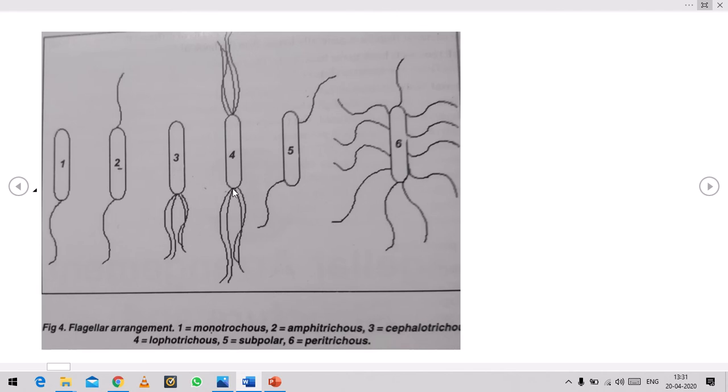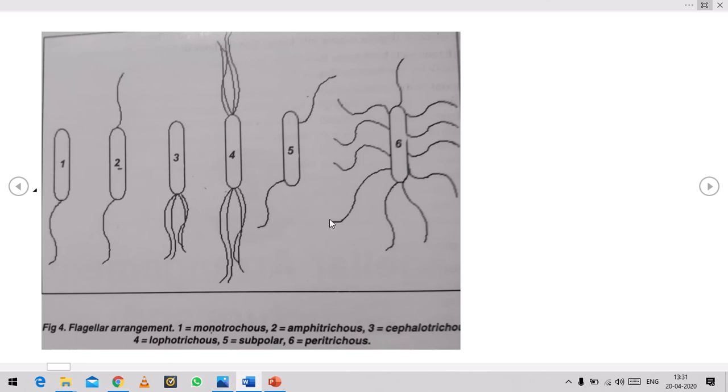Now we come to the fourth, lophotrichous, a bacterium with several tufts of flagella at both the polar ends. The example is Spirillum. The fifth type is bacteria with a lateral flagellum at one side or both sides, seen in Agrobacterium.